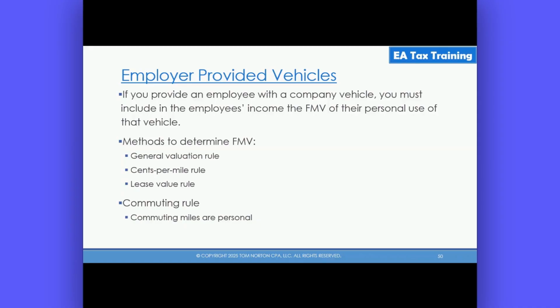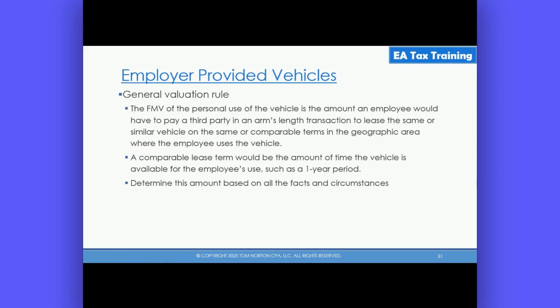So now let's talk about each of these different methods of determining the amount that needs to be included in the employee's W-2 for their personal use of their company vehicle. First is the general valuation rule.